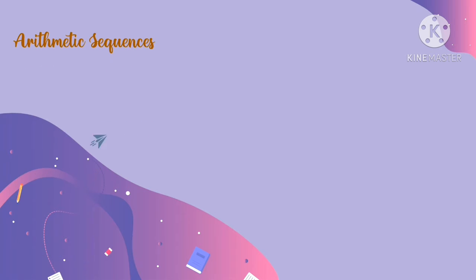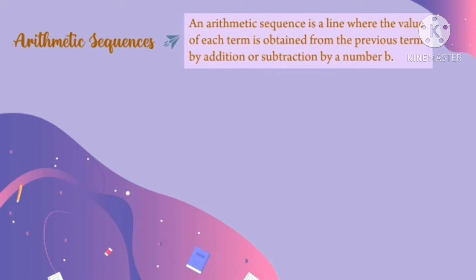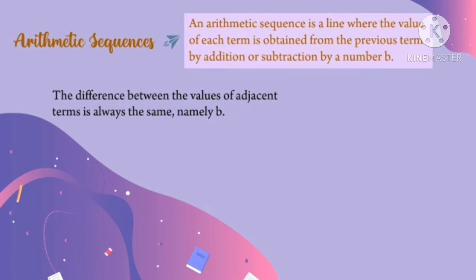Next, about arithmetic sequence. An arithmetic sequence is a sequence where the value of each term is obtained from the previous term by addition or subtraction by a number b. The difference between the values of adjacent terms is always the same, namely b, so that un minus un minus 1 equals b.